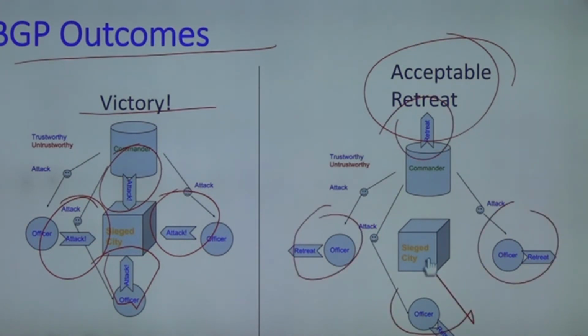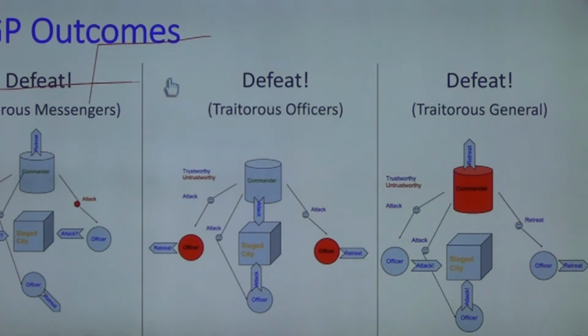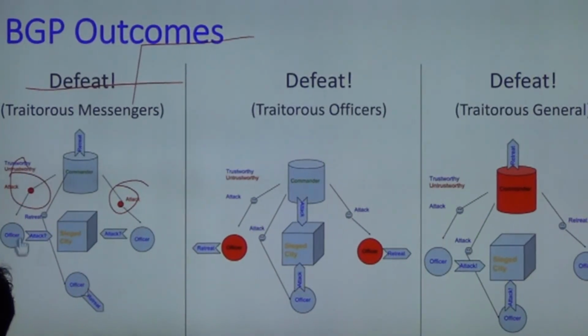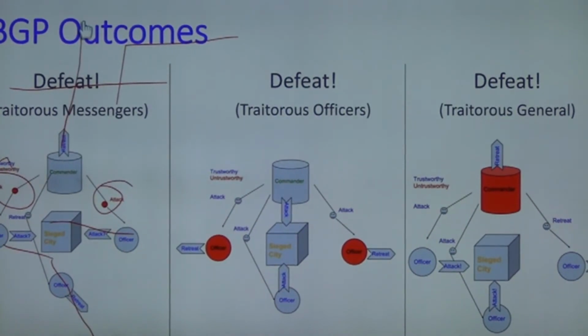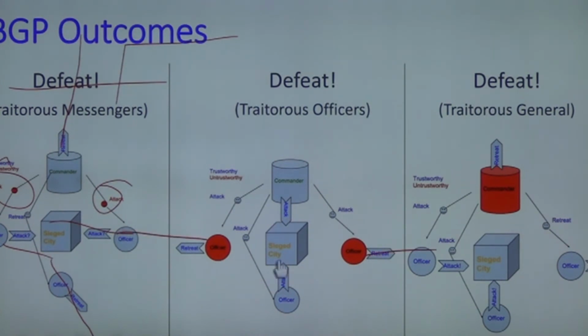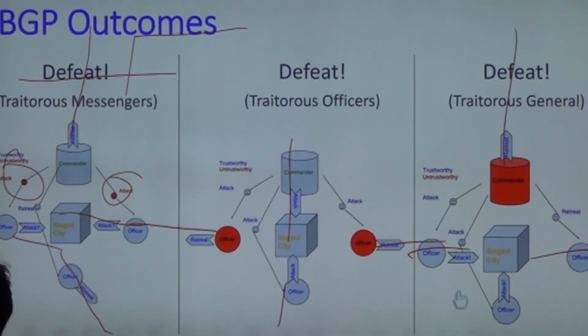And the outcome is defeat if the message gets compromised here, the message gets compromised there. They attacked, these two ran away, these two ran away, they attacked, the commander ran away. So just a little compromise of the message in a distributed command, where they only have to trust the messenger, and all these things can happen.